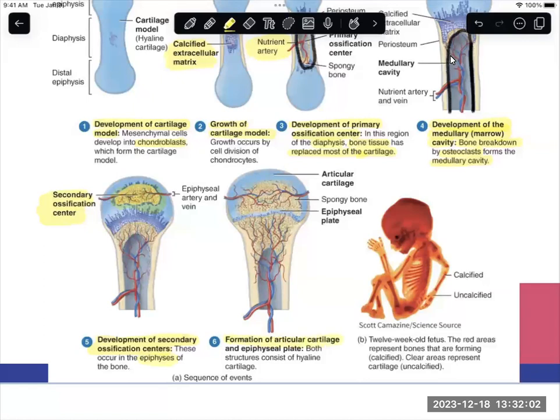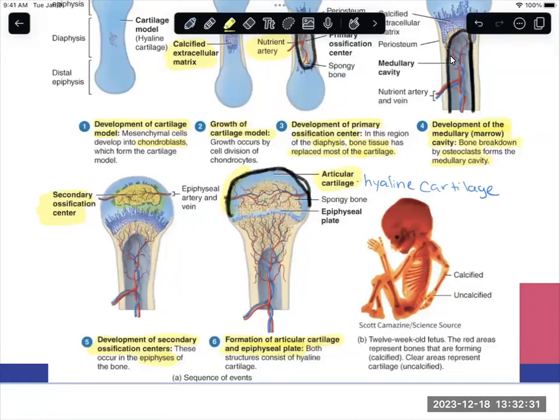We keep some of that cartilage at the ends of all of our bones, because most of our bones have articular cartilage. All articular cartilage is that hyaline cartilage.